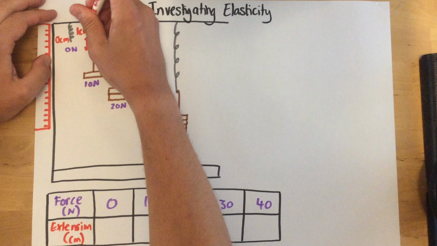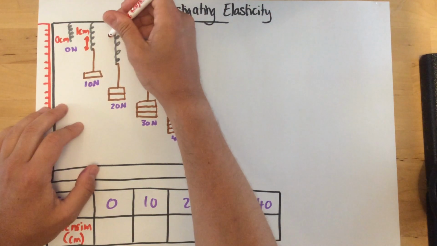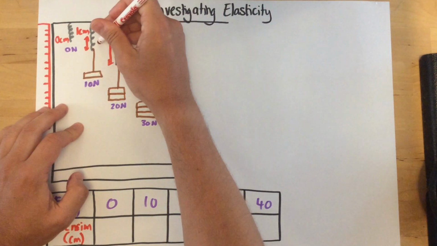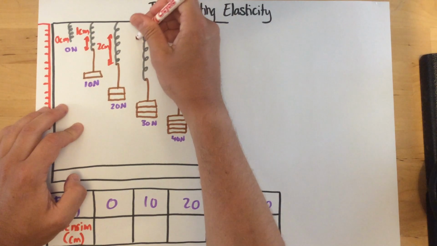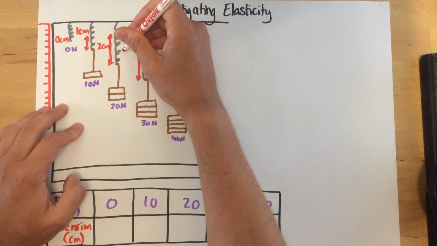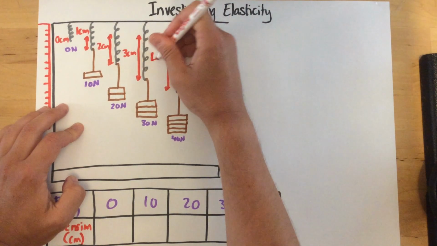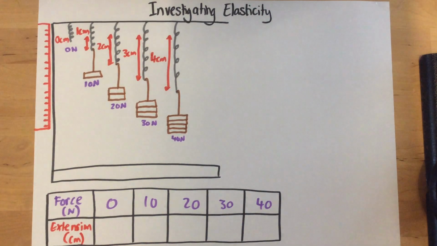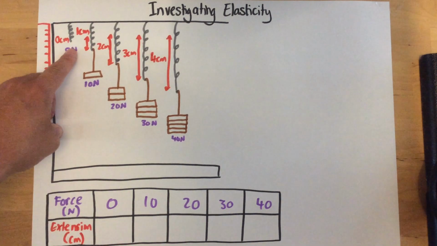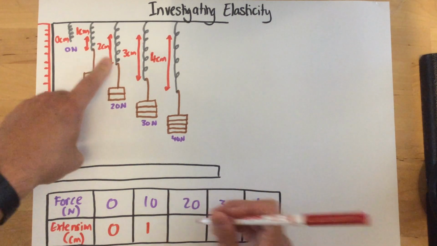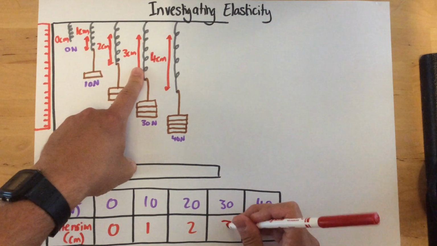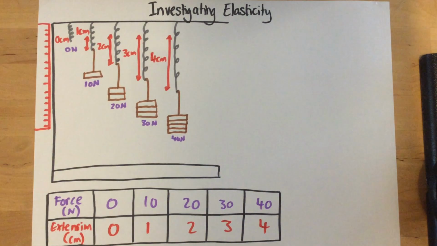Let's say that's extended 1 centimeter. This next one has extended a total of 2 centimeters. This one has extended 3 centimeters, and this one has extended 4 centimeters. Okay, so I'm just going to write these into my table. So this one is 0, then 1, 2, 3 and 4.